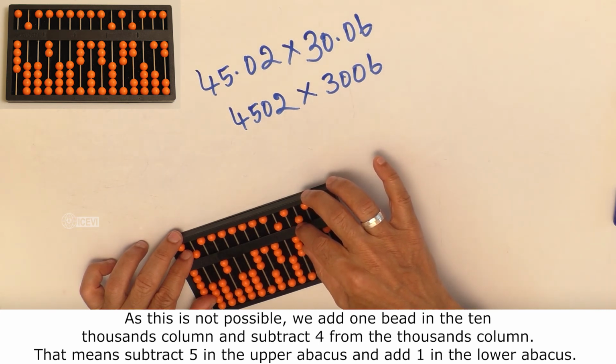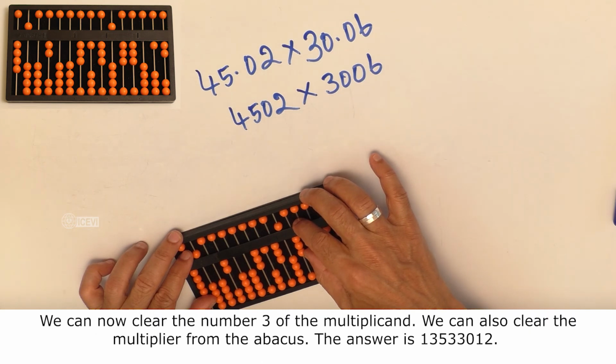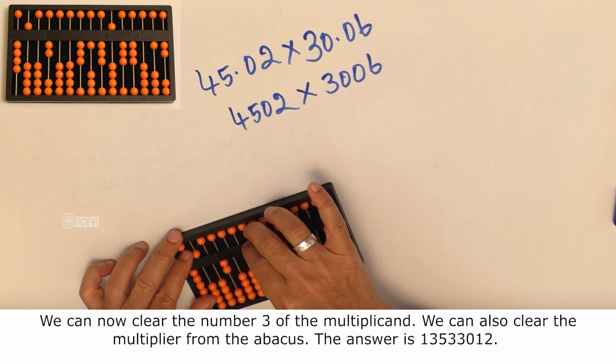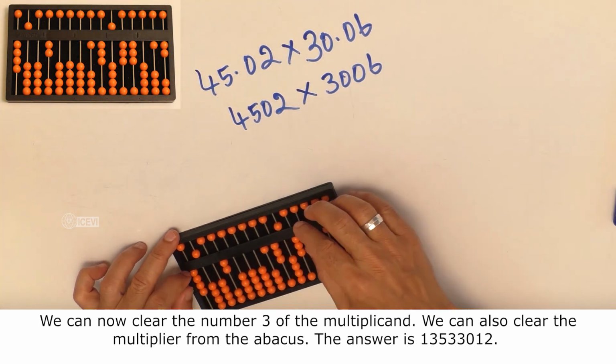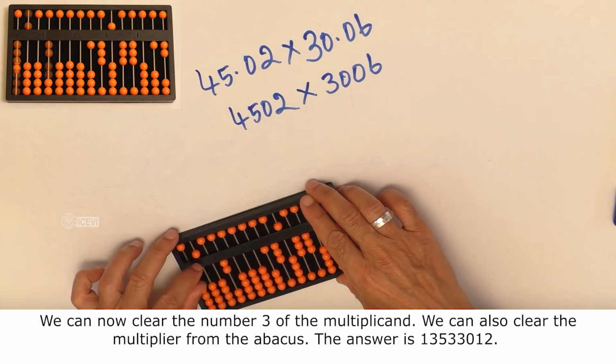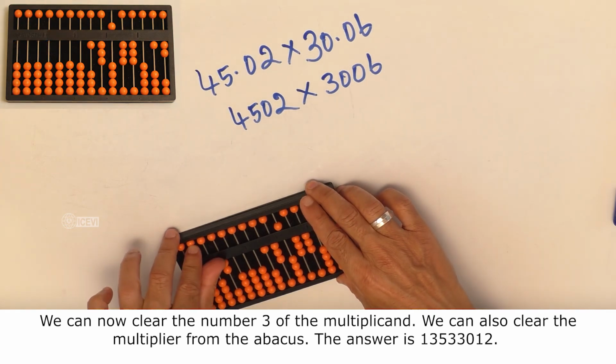That is, subtract 5 in the upper abacus and add 1 in the lower abacus. We can now clear the number 3 of the multiplicand. We can also clear the multiplier from the abacus.